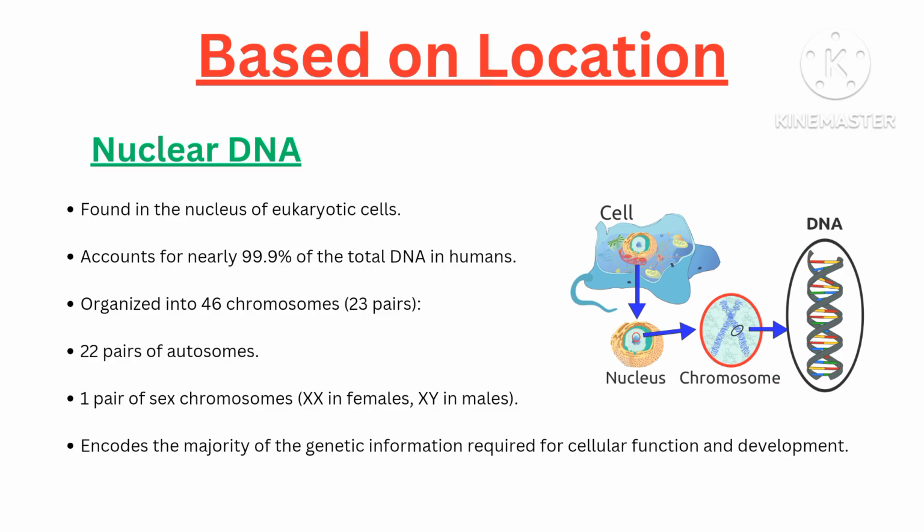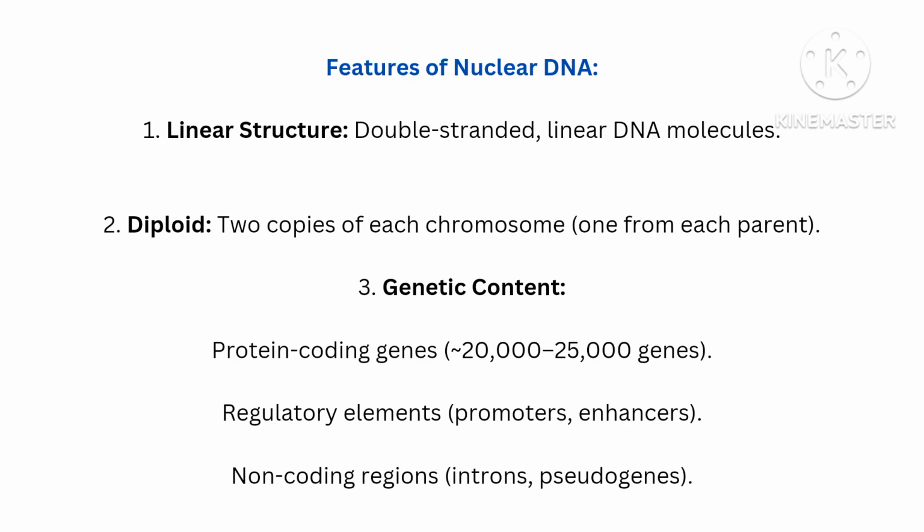It encodes the majority of the genetic information required for cellular function and development. Features of nuclear DNA: it's double-stranded, linear DNA molecules, diploid, having 2 copies of each chromosome, 1 from each parent.